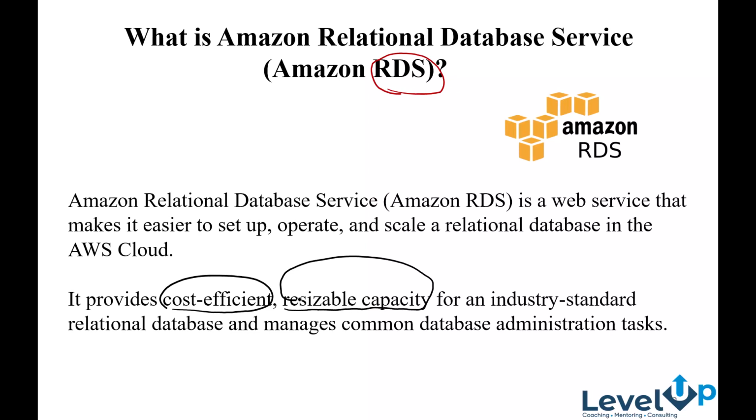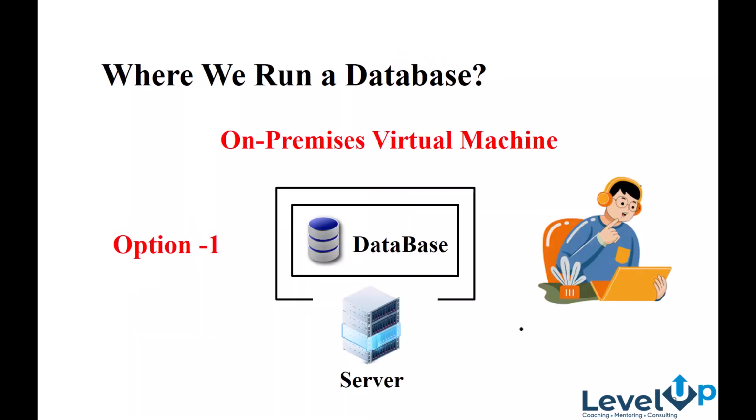There are a lot of administrative tasks that we'll see in a few minutes, but all of them are managed by AWS itself, so that it is very easy for us to concentrate on developing the database rather than worrying about whether the database is available or not. That is one of the reasons why we use Amazon RDS.